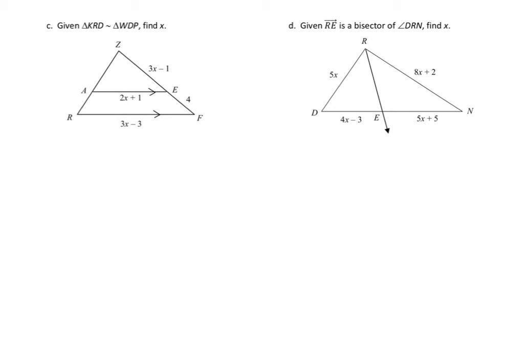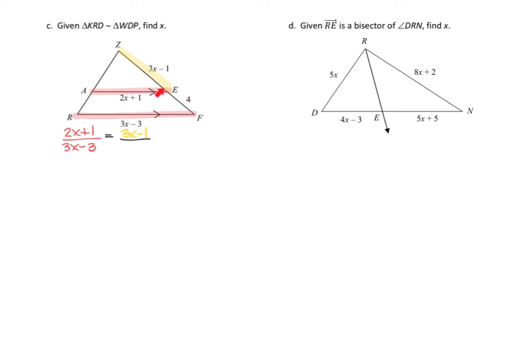So I know that AE is going to be corresponding to RF. This is the base of the smaller triangle, and this is the base of the larger triangle. The 3x minus 1 is going to be proportional to what side?